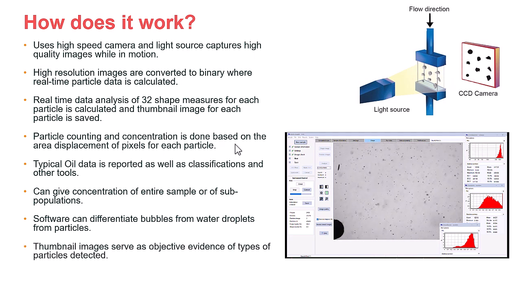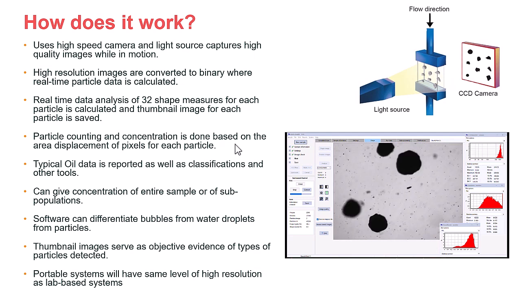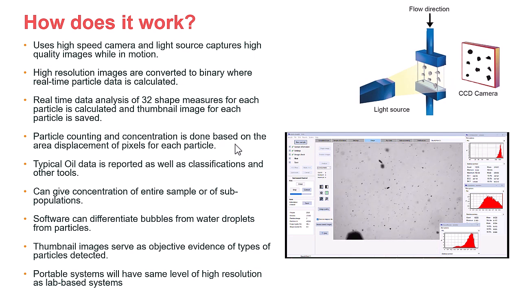And again, as I mentioned, thumbnail images are saved for every particle. One thing that's very important to understand is this technique is very adaptable to being field-based. There are many techniques mentioned in 21018, and many techniques which many of you in the industry are familiar with, that may not travel very well because of temperature differences, alignment issues and things like that.